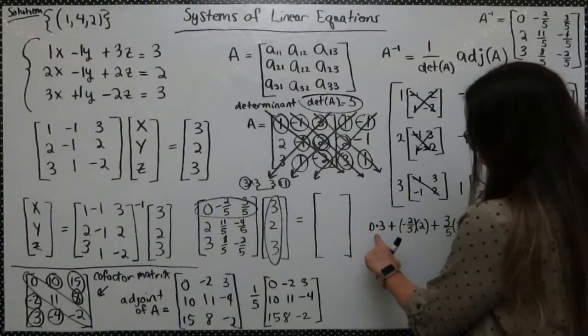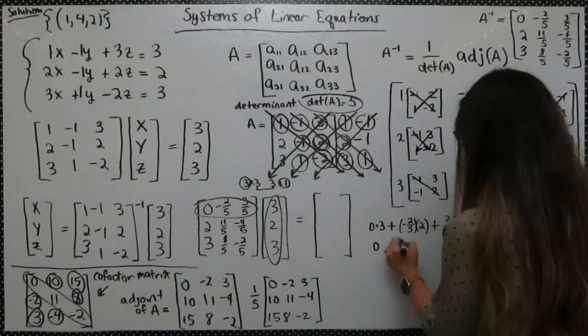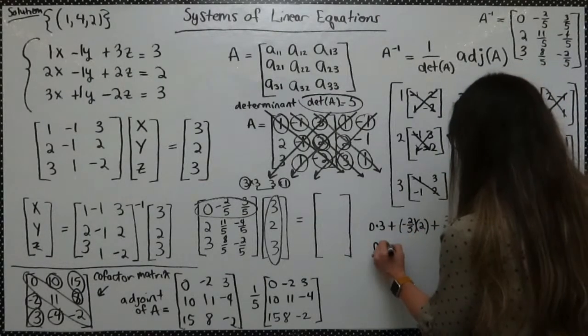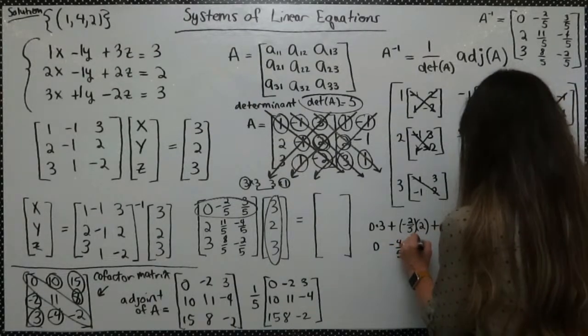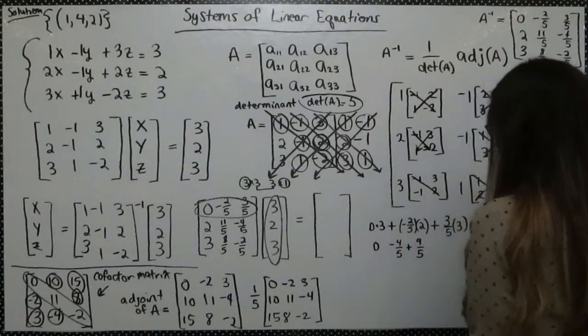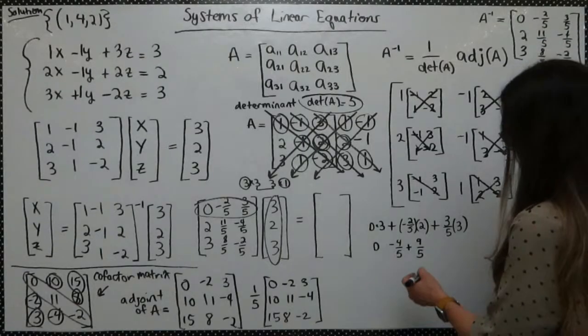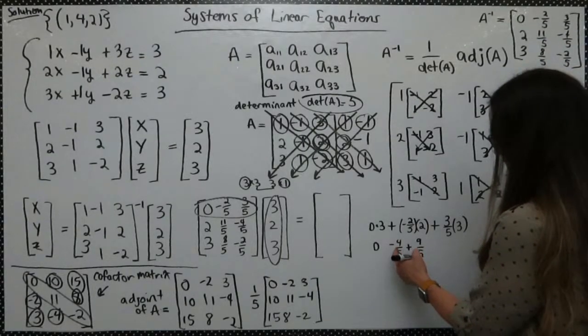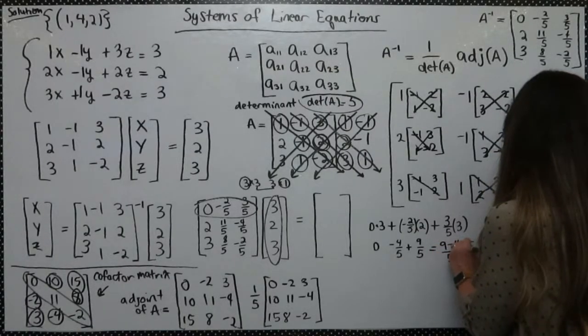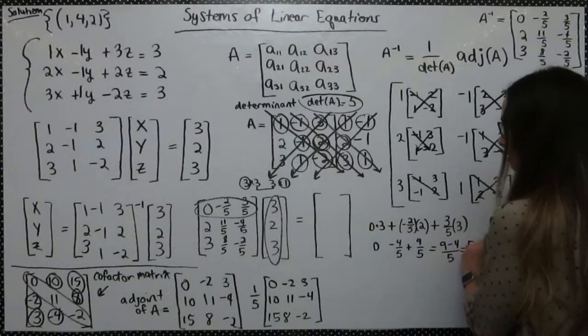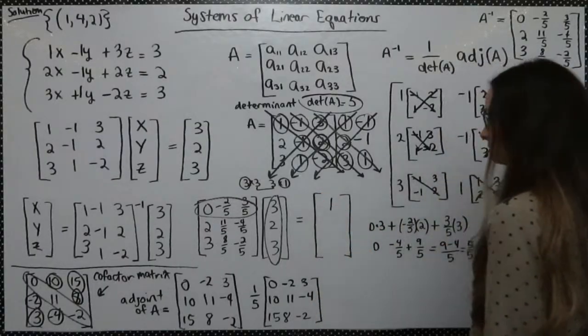So 0 times 3 is 0. This is going to be -4/5, plus 9/5. So -4/5 plus 9/5, that's 9 minus 4 over 5, which is 5 over 5, which equals 1. So this first position is 1.